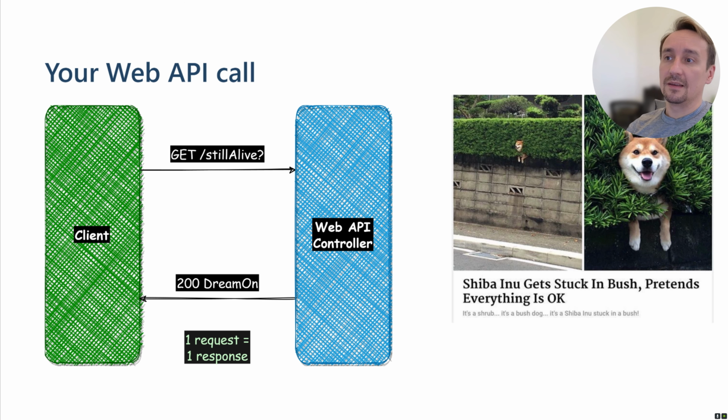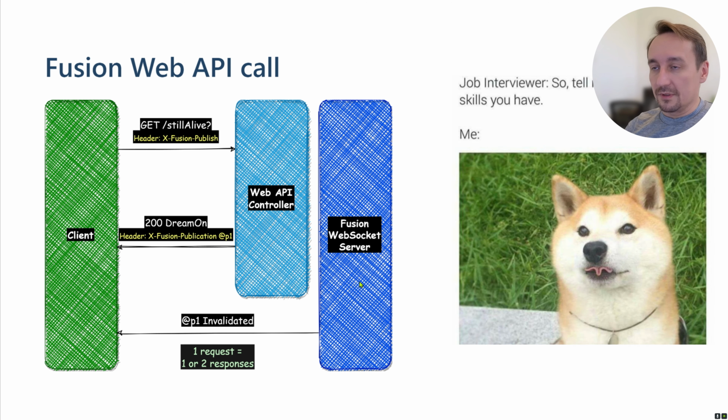So to make it work for Fusion, I built an extension on top of this protocol. Basically, when Fusion sends the call, it sends a special header, and when a web server sees it, it replies with another header.